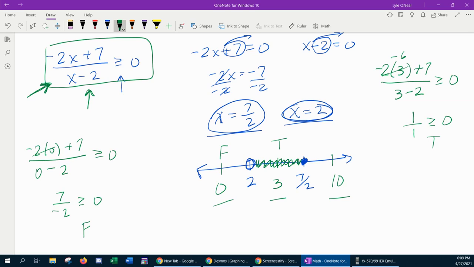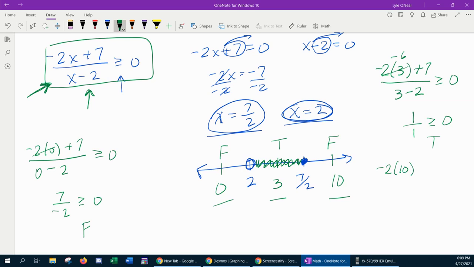And did you hear me say a second ago in the previous example that these intervals will most of the time alternate? So if I've got F and T, this is going to be F since they alternate. But it's not guaranteed to alternate. So I'm going to test the 10 just to be sure.